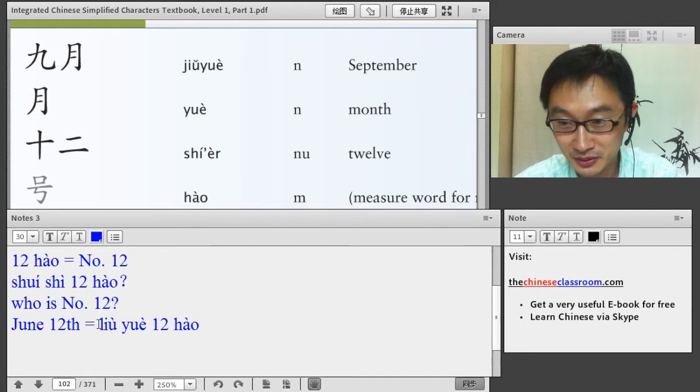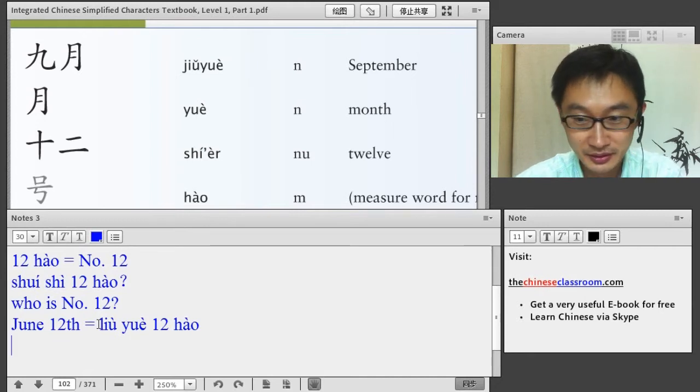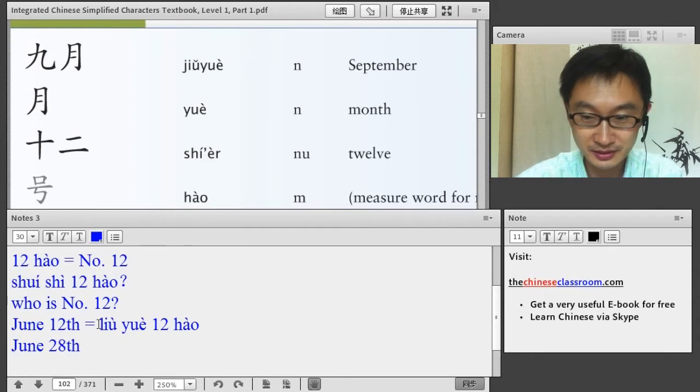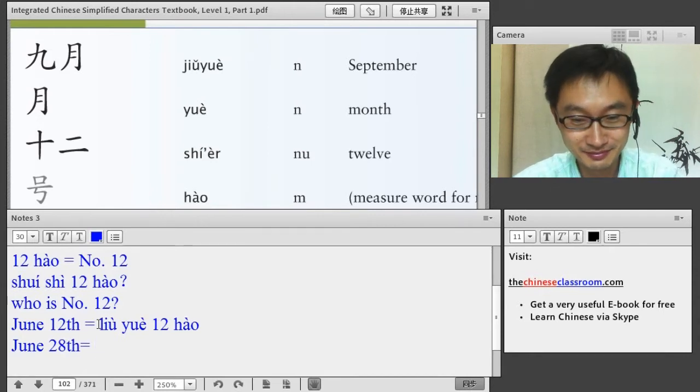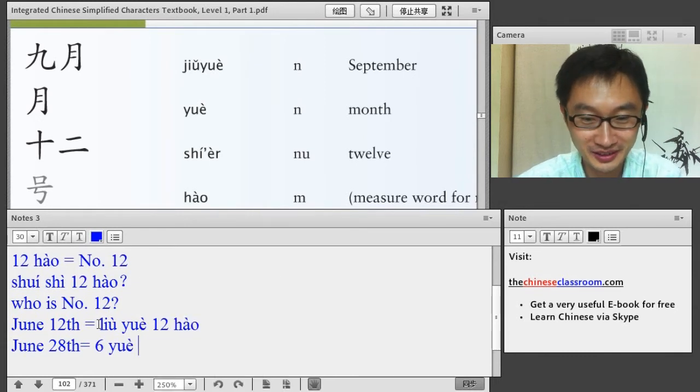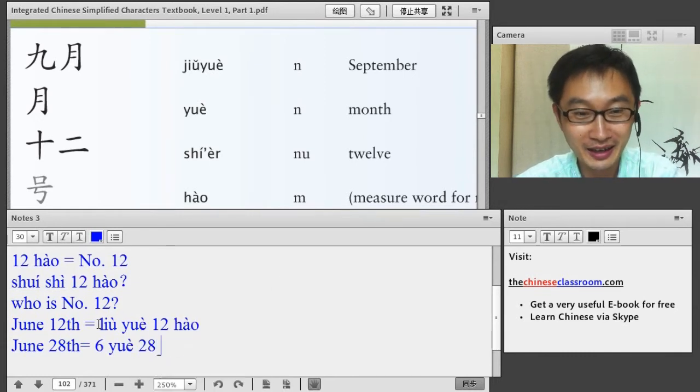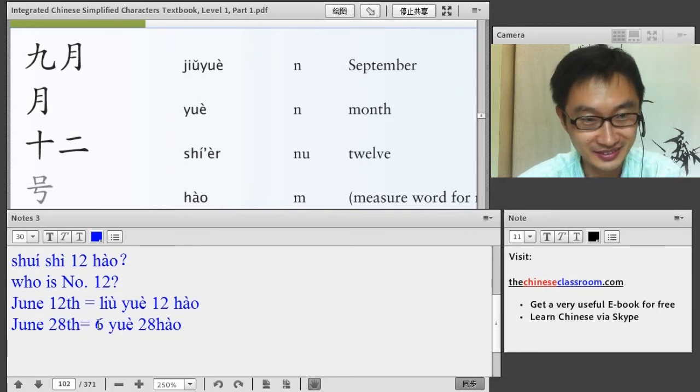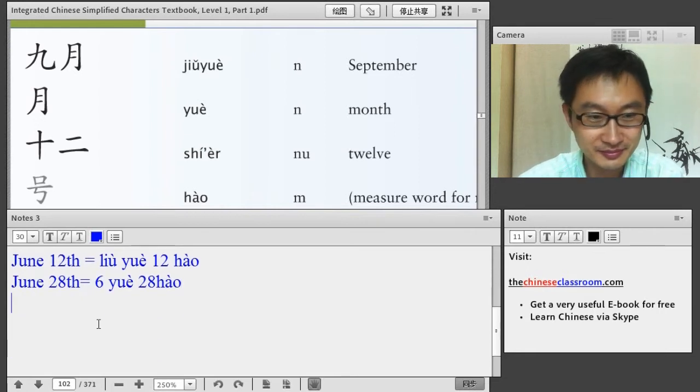And take today, for example, today is June 28th. How do you say that? Okay, that's 6月28号, like this. Okay, good.